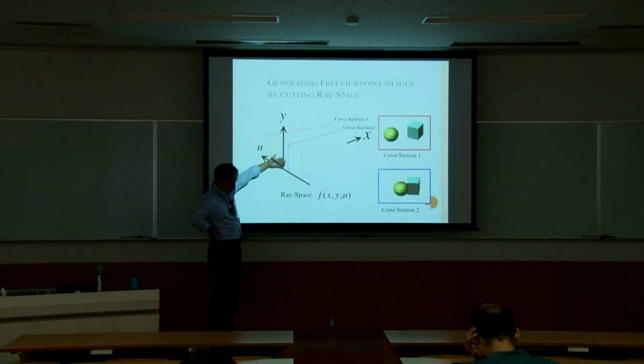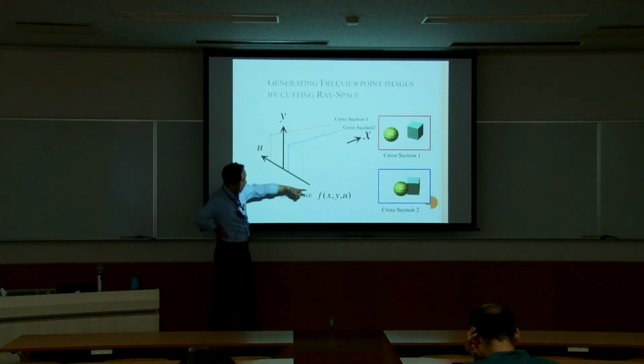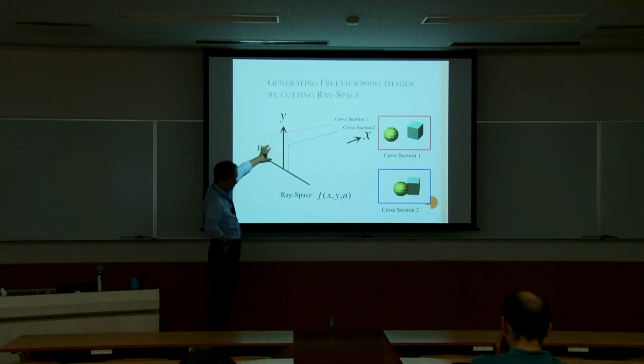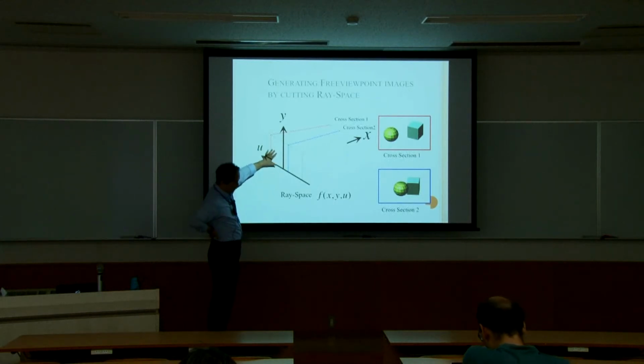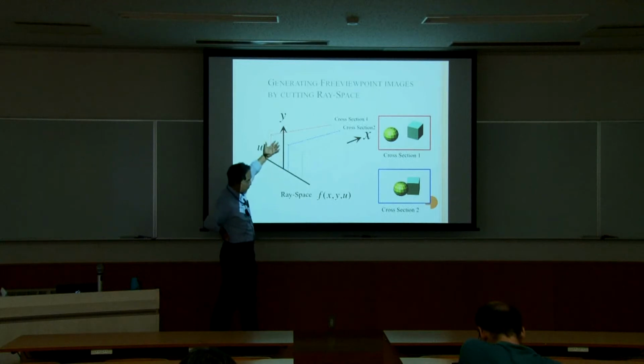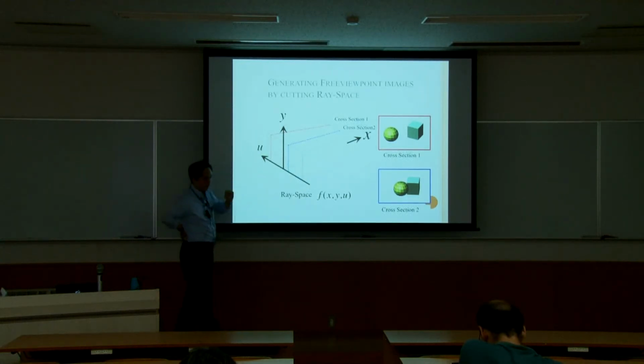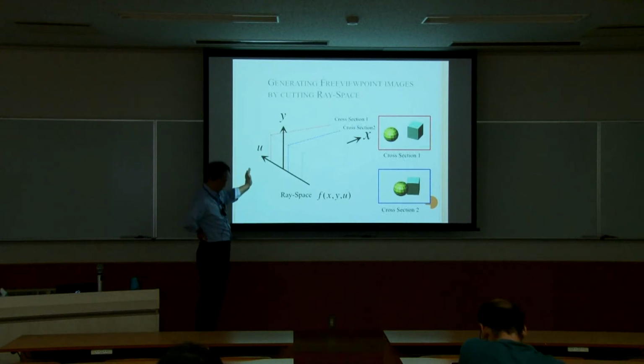And this blue section image corresponds to this. So this ray space includes whole information of the 3D scene. So just extract one cross-section, we can get a free viewpoint image. So this is derived from the characteristics of real space and ray space.